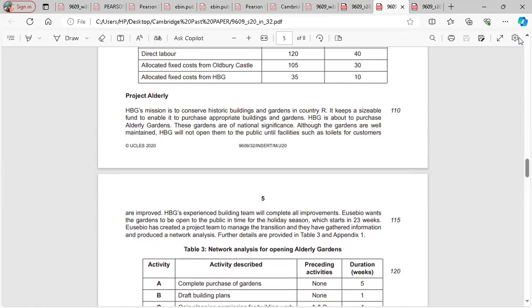Here they said HBG's mission is to conserve historic buildings and gardens in country R. It keeps a sizable fund to enable it to purchase appropriate buildings and gardens.